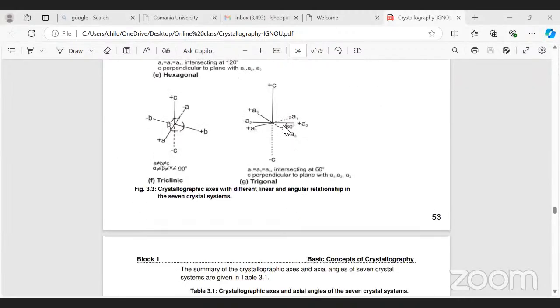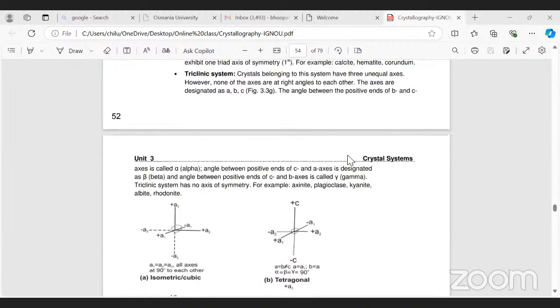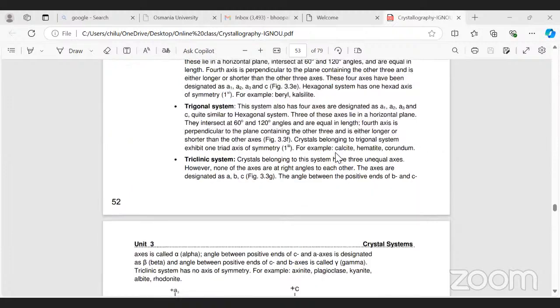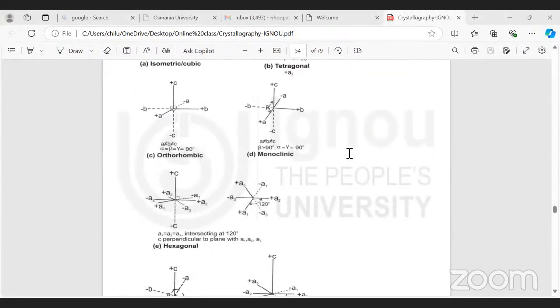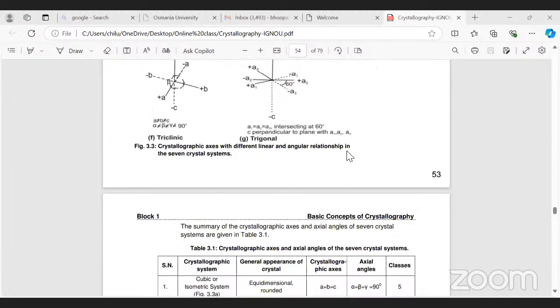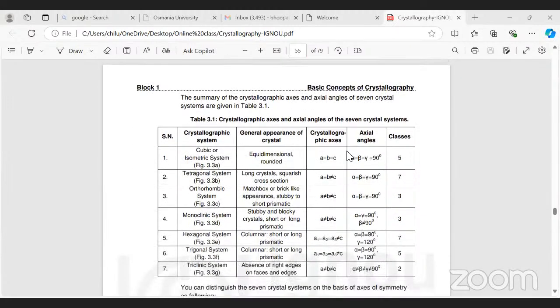You see here it is 60 degrees, and it intersects with the others at 120 degrees. The best examples for this trigonal system are calcite, hematite, and corundum, which are classified into the same.